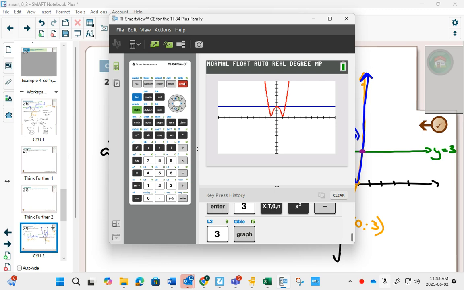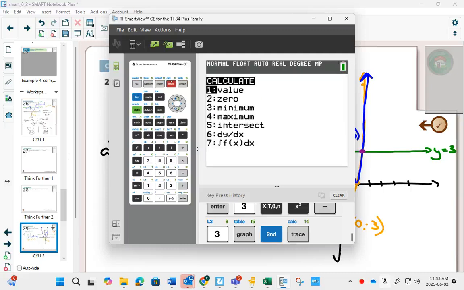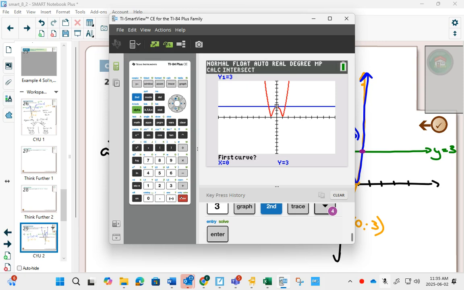Now, we already knew that x equals 0 is the answer. We want to find the other answers. So we can do that by going second, calculate, number 5, where they intersect. And you can do this on Desmos too. On Desmos, you just click on it and the dot appears and you just click on the dot and it tells you right away. On your graphing calculator, it will always find the one closest to your cursor.